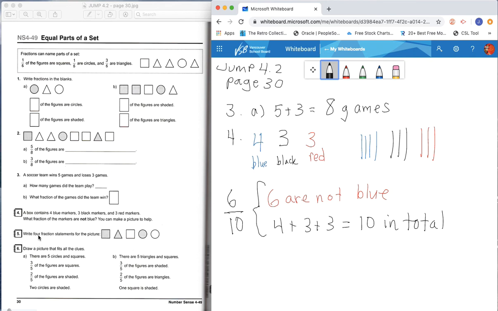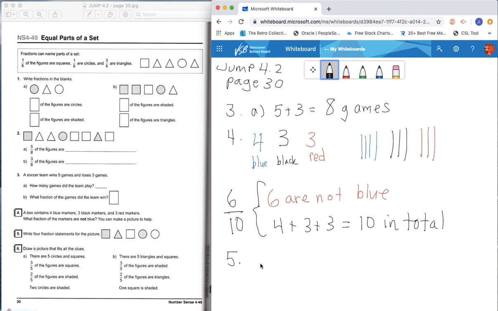Number 5, write 4 fraction statements for the picture. Okay, so I will do 1 with you. You have to do the other 3. So a fraction statement is the same thing as what you did in number 1 and number 2. Those are all fraction statements.